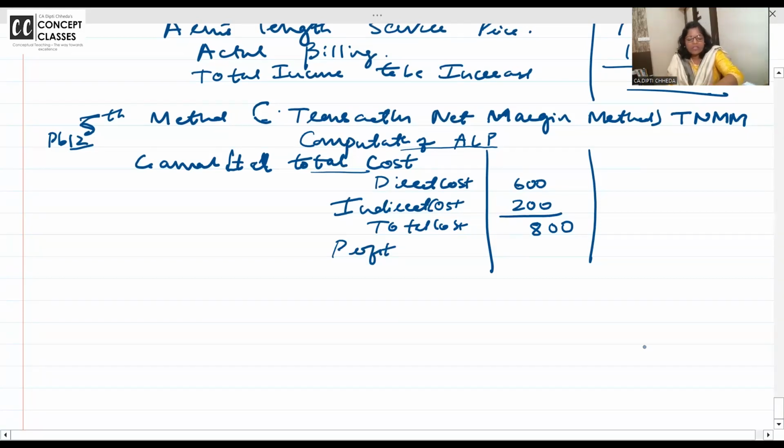Profit कितना चार्ज कर रहे हैं. Operating profit 200.